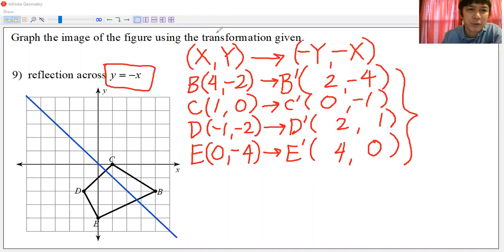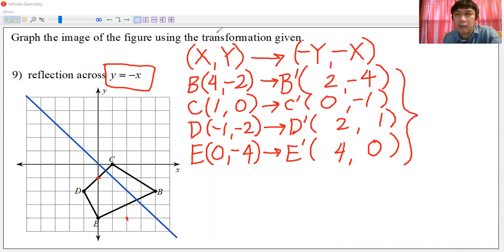Let's plot the points. Let's start with B prime. B prime is located at 2, -4. 2, -4 must be over here. Next, our C prime is located at 0, -1. So 0, -1 is over here.